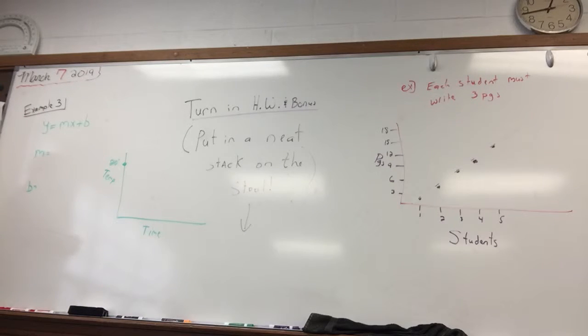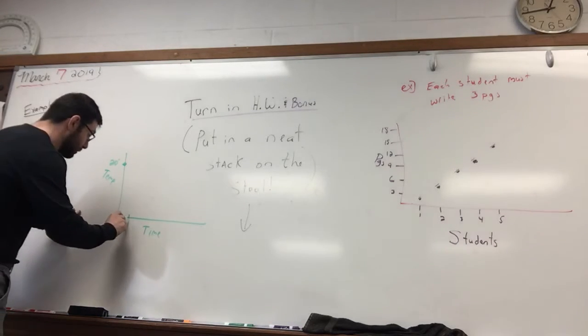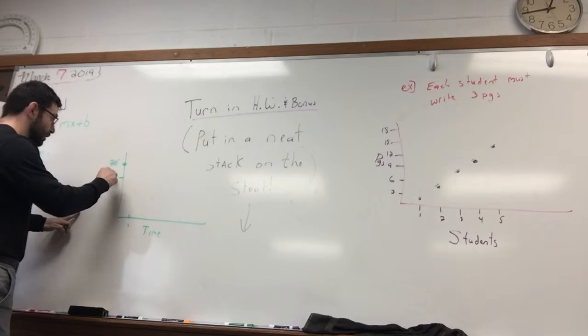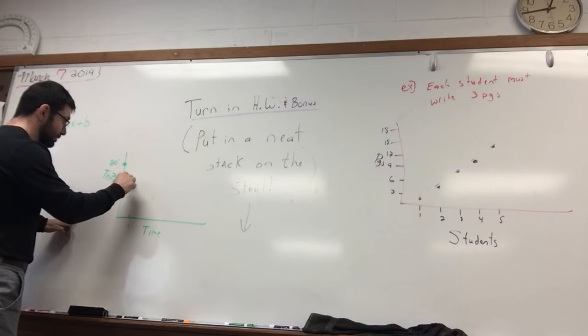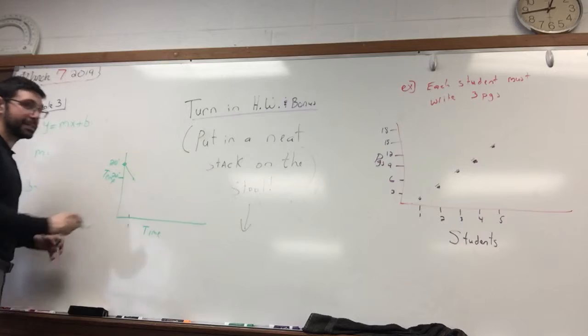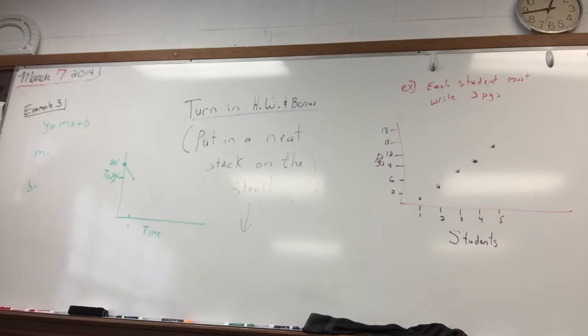Cameron, what do you think? Down. Why? What's happening with the soup? The temperature's going down. At 1 minute, we know it's at 203 degrees. So if I start connecting these, the line would be going downhill.